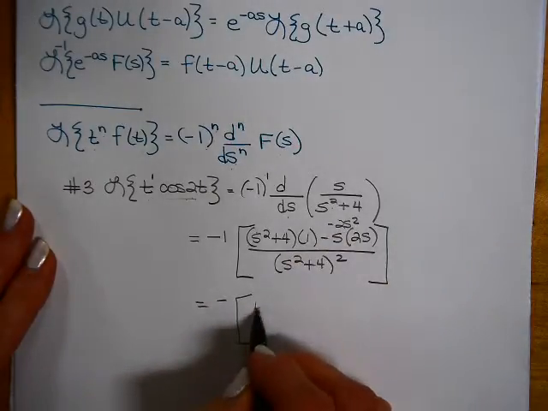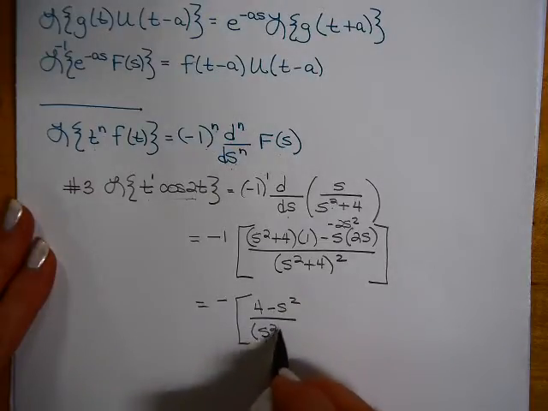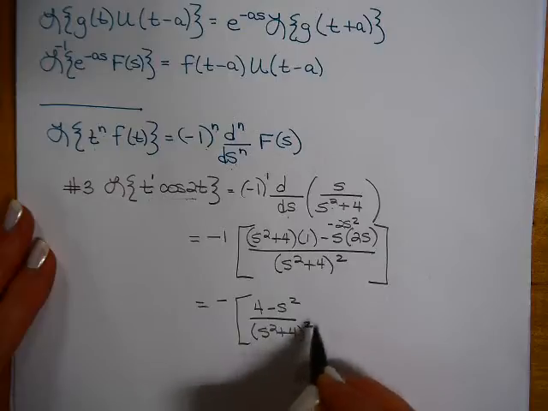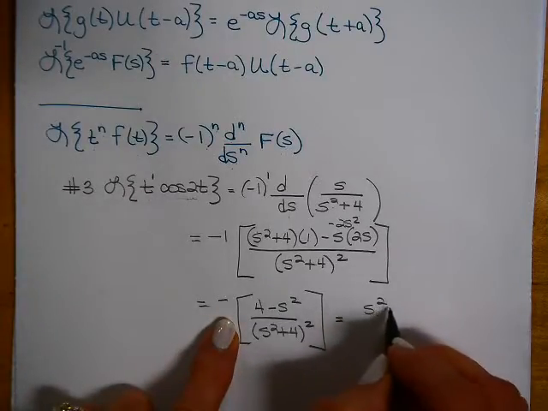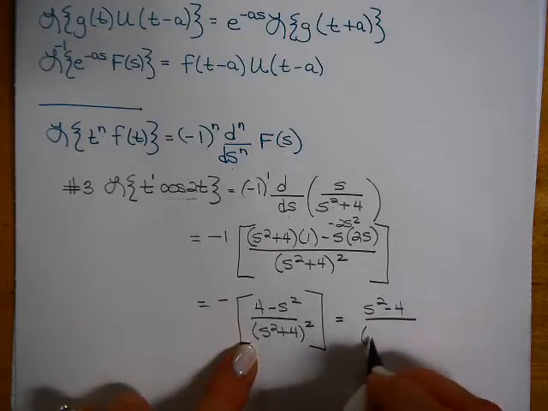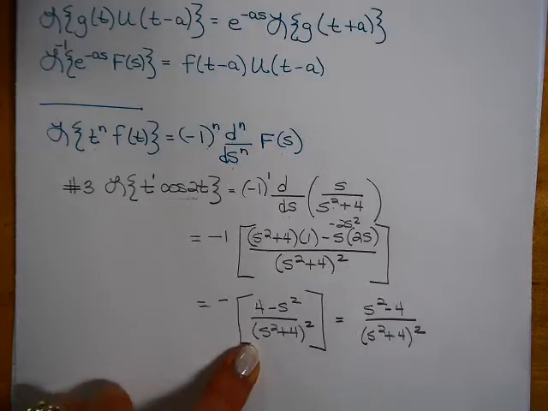So that looks like 4 minus s squared over s squared plus 4 squared. And when I run my negative through, it looks like s squared minus 4 over s squared plus 4 squared.